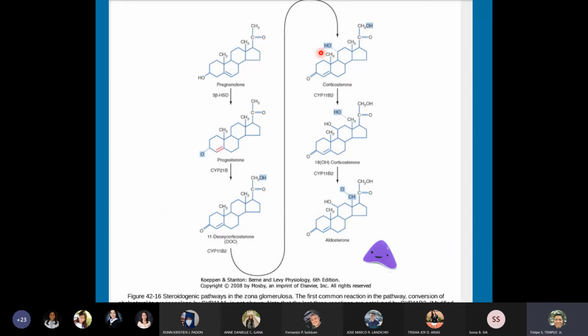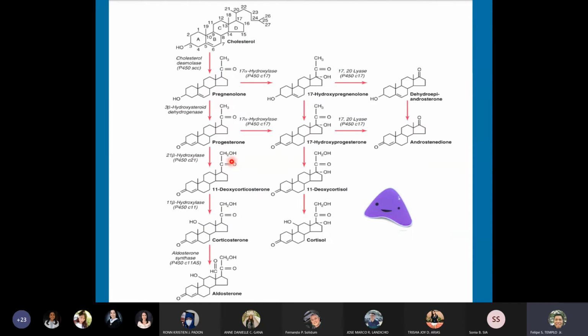So this is happening in your zona glomerulosa. Now, to put it all together into a composite: these steps happen in your zona reticularis, these steps in your zona fasciculata, and these steps in your zona glomerulosa.